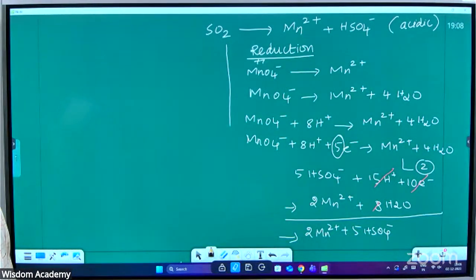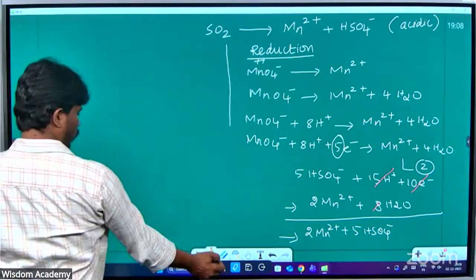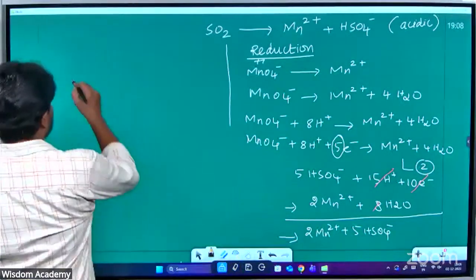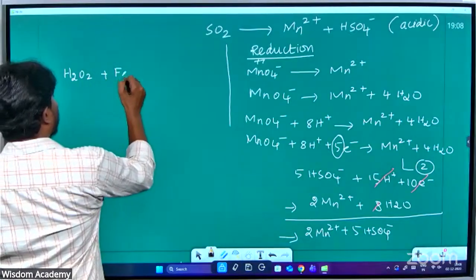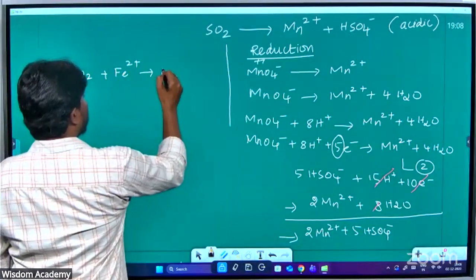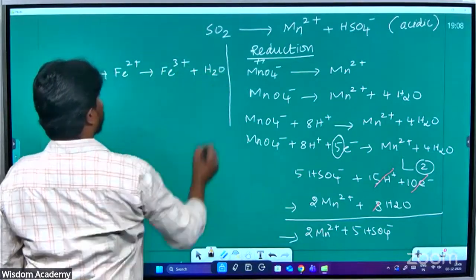First one, H2O2 plus Fe2 plus gives Fe3 plus plus H2O.